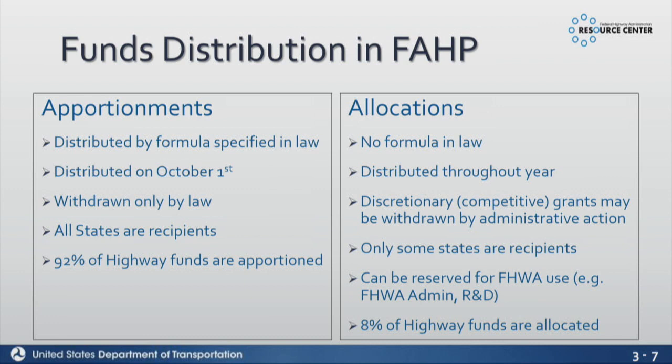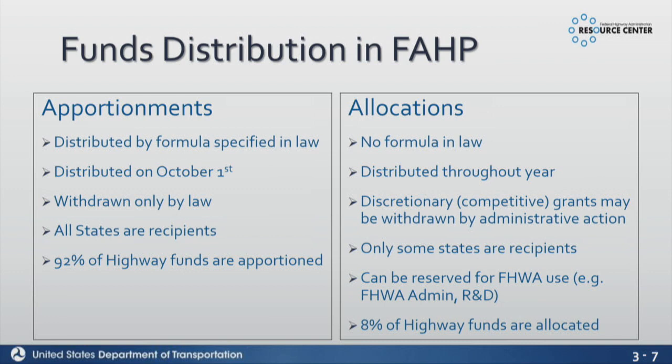Only some states are recipients. These aren't guaranteed to every state typically. It's usually based on some form of competition. Some of the funding can be used for federal highway purposes. We talked about EDC, the Every Day Counts program, the STIC and AID Demo grants that they get. That's actually an offset from our R&D funding.